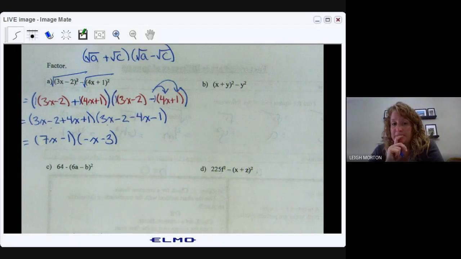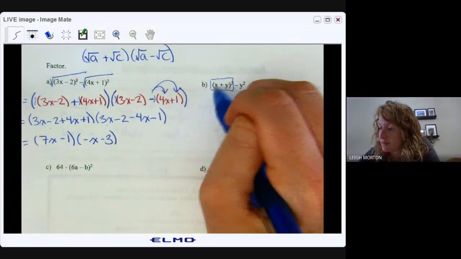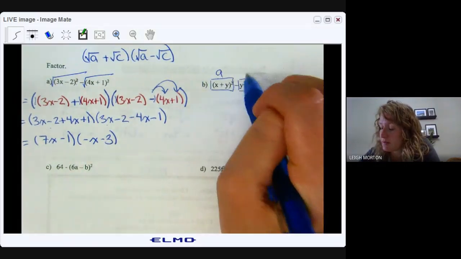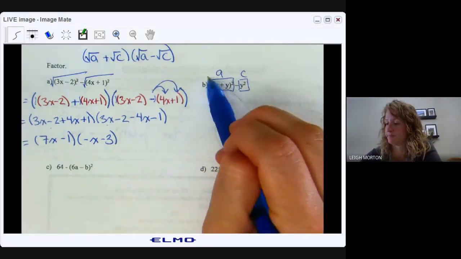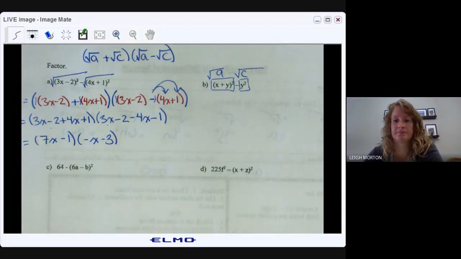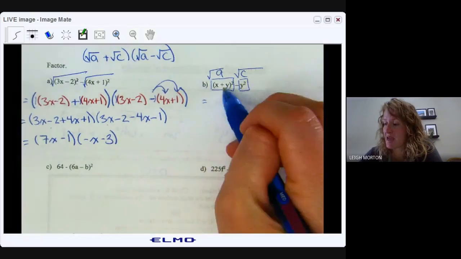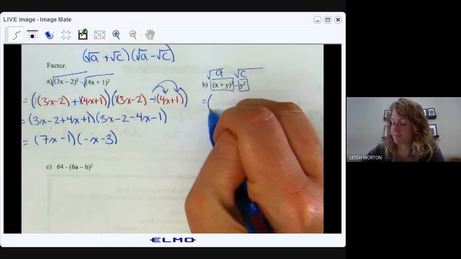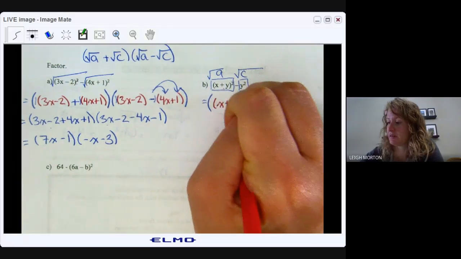Let's work through a couple more. Okay, so I'm going to square root my a term here. So that's x plus y.